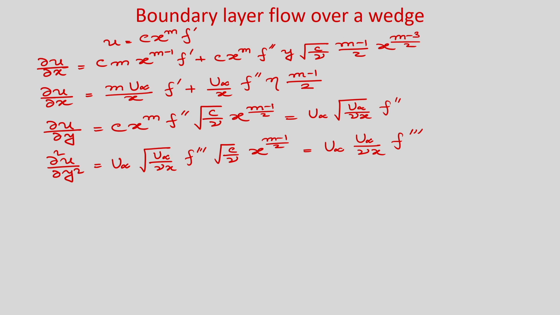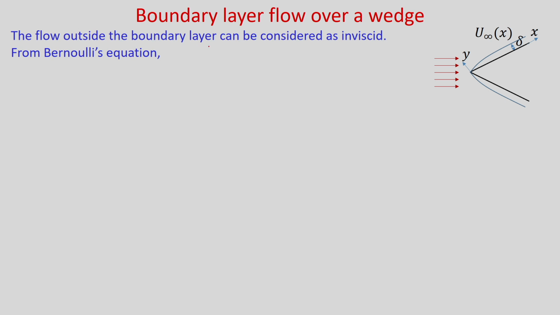Now, we have evaluated the velocity and velocity gradient. Now, let us calculate the pressure gradient, right. So, we know the flow outside the boundary layer can be considered as inviscid. So, from Bernoulli's equation we can write P infinity plus rho u infinity square by 2 is equal to C. So, outside we have pressure P infinity, right, and this we have already derived in this module.